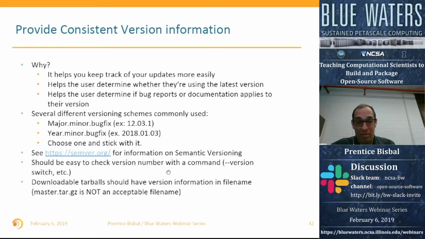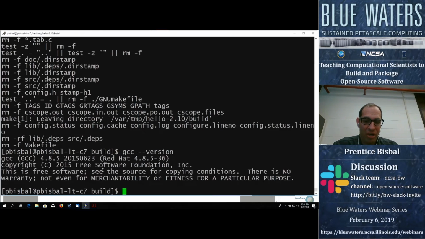It would be great if someone could just run a command, or an existing command with a --version switch, that will show you that. A perfect example of that is GCC, right? If you do gcc --version, it will show you the version information. A lot of programs have some kind of functionality like that.